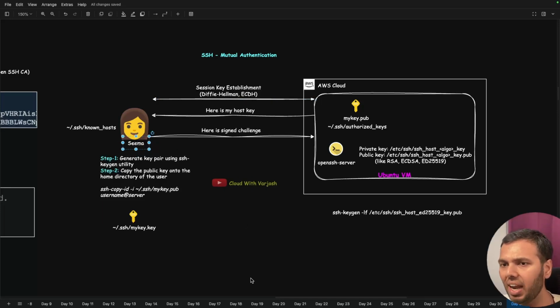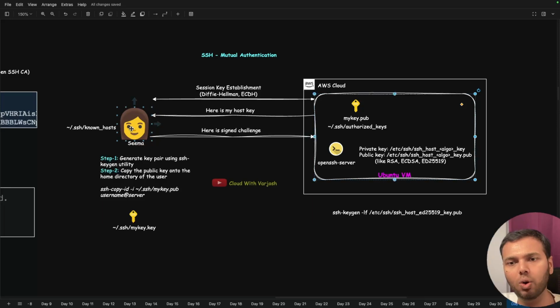Now, understand one thing. The session key is essentially the same for Seema and for the server. Since we have learned that in symmetric encryption the key must be the same for both encryption and decryption, we know that the key is the same. And the important part is that Seema never shared that key over the network, neither did the server.